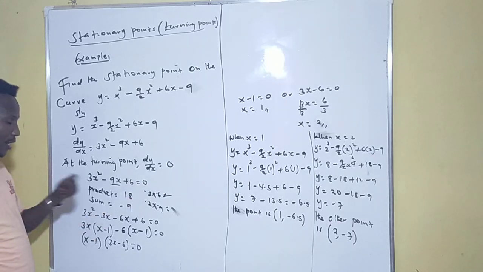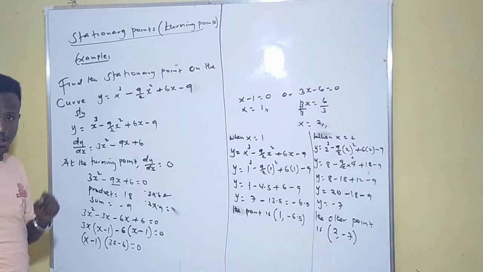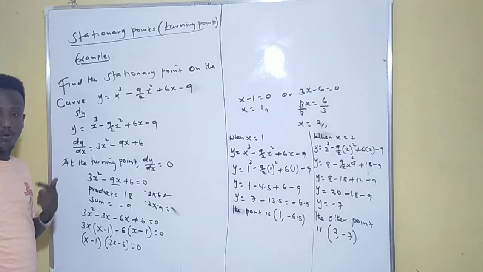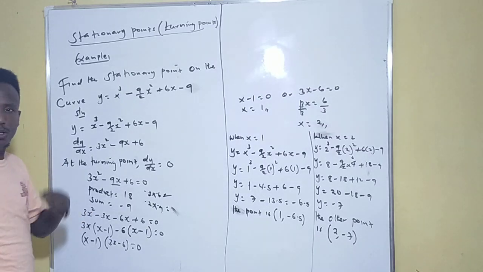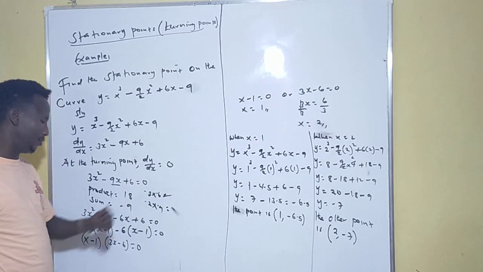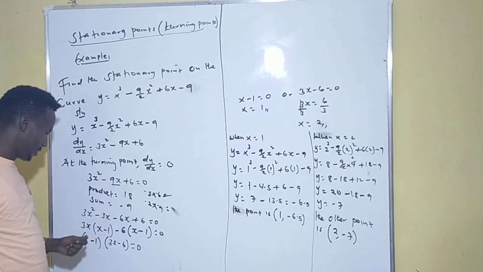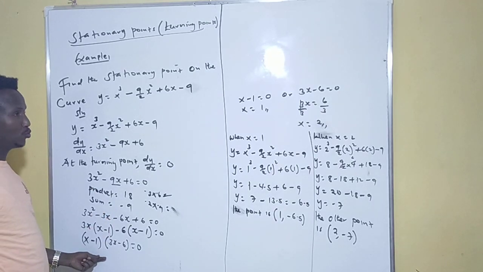Remember again we said that when on the product side we have a positive value and on the sum side we have a negative value, the two numbers we are going to take are both negative. So I will take negative 3 and negative 6, then replace the 9x with them. This is Form 3 and Form 2 concept.